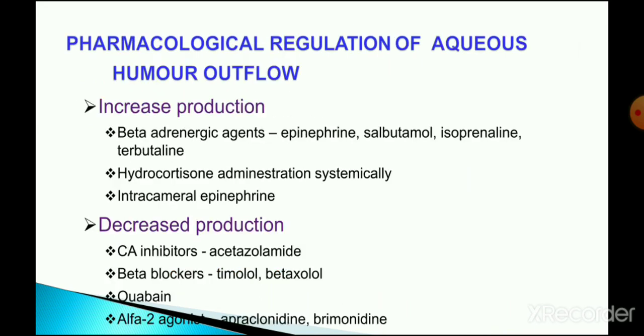Now the pharmacological regulation of the aqueous humor, which is important. Increased production occurs with beta-adrenergic agents like epinephrine, salbutamol, isoprenaline, terbutaline, systemic hydrocortisone administration, and intracameral epinephrine.